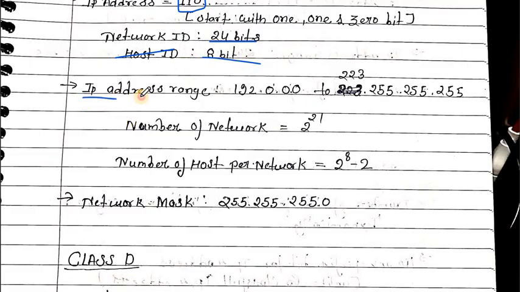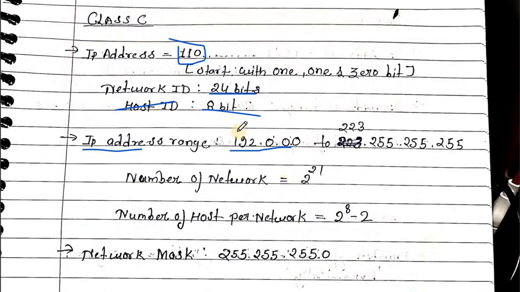Okay, so the class C IP address range is from 192.0.0 to 223.255.255. Here the minimum value is 192, because 11 is fixed and the minimum value is 11, so it must be 192.